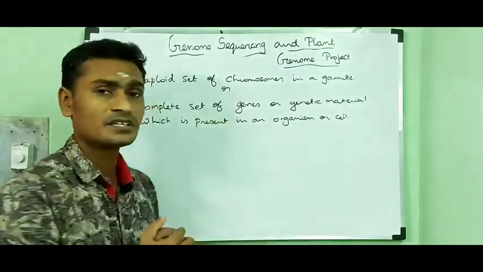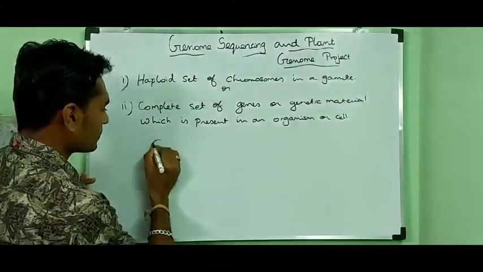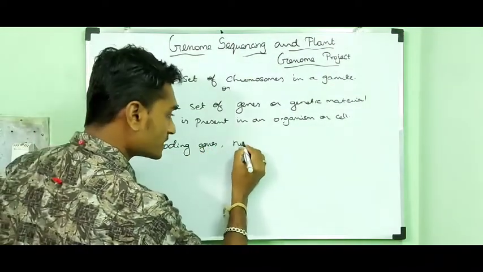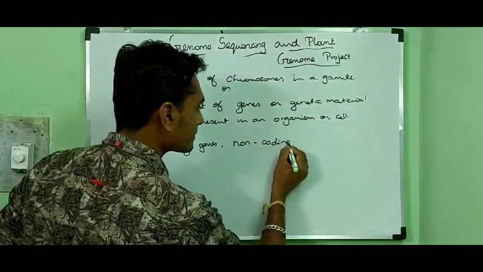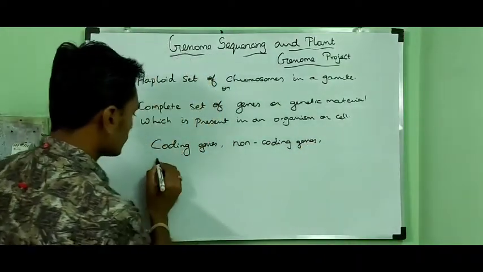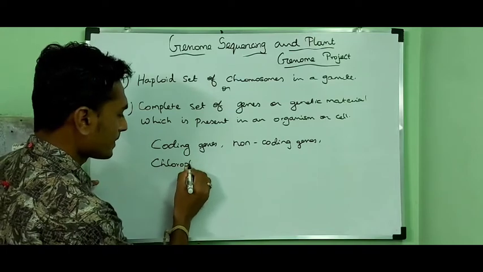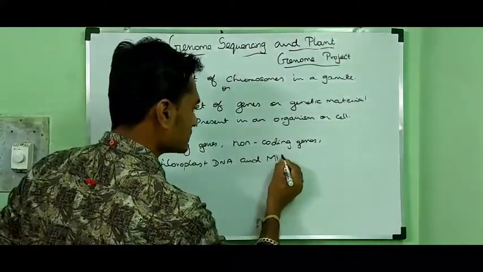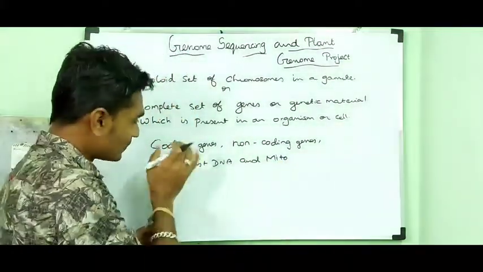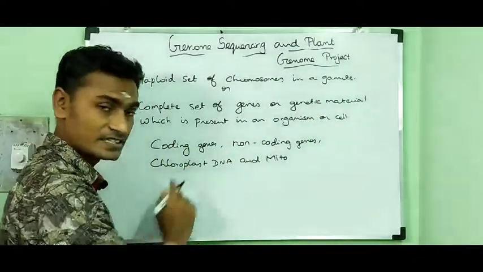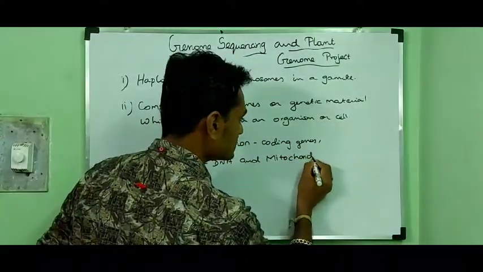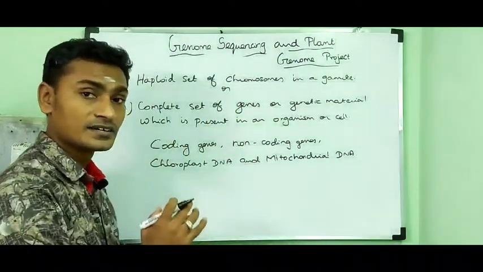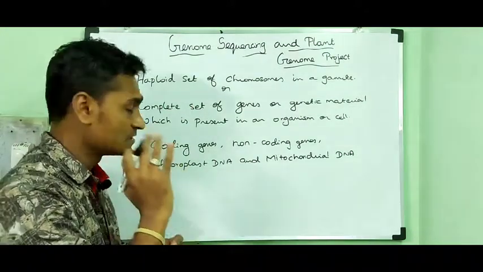Then, this genome includes coding genes, non-coding genes, chloroplast DNA, and mitochondrial DNA. So that is why I have mentioned the totality of the DNA sequence of an organism is called genome.